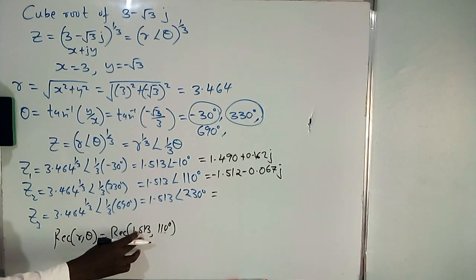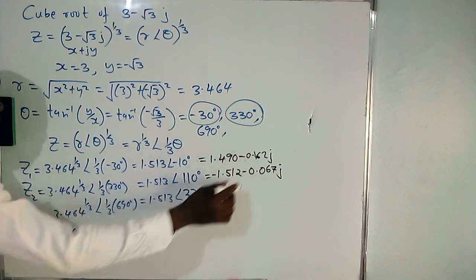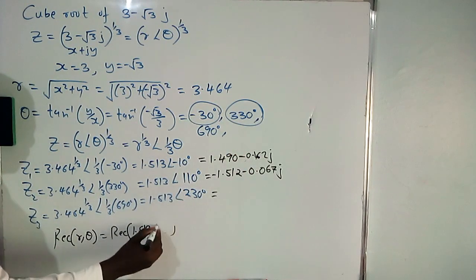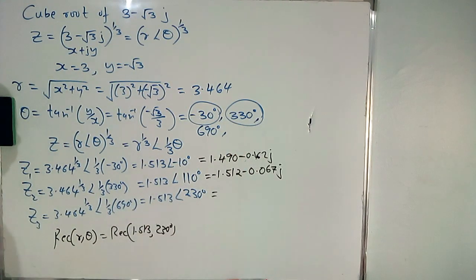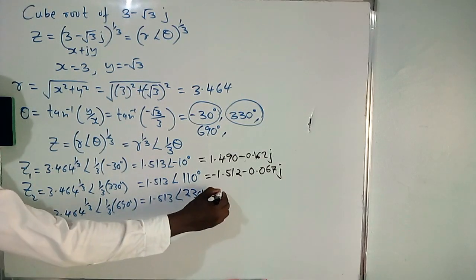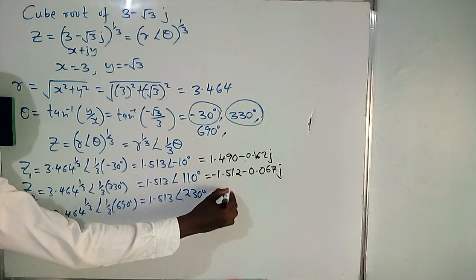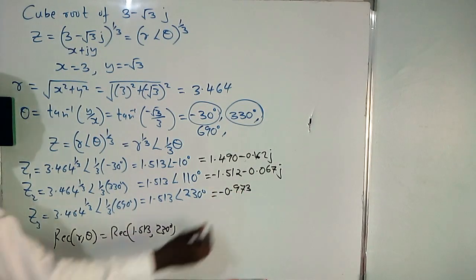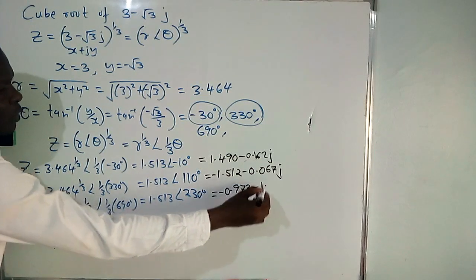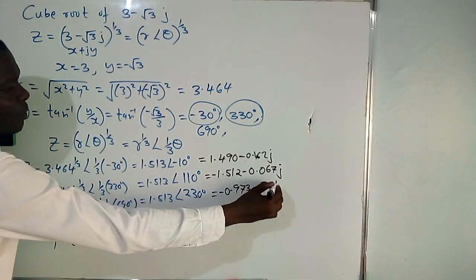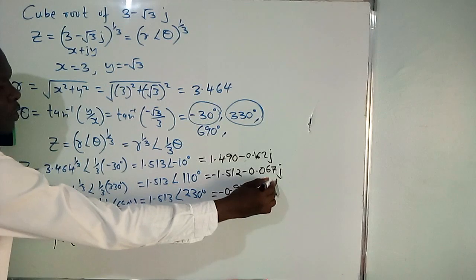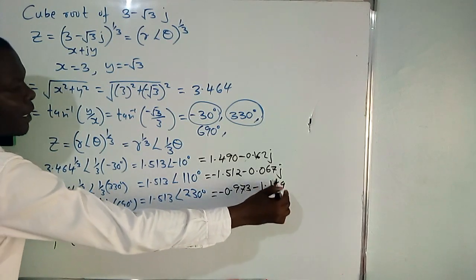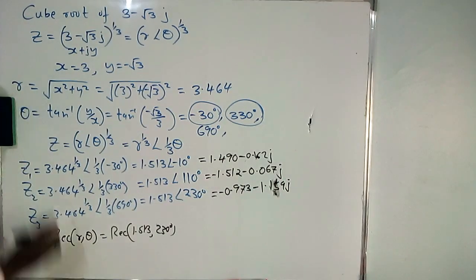Our r is 1.513, our theta is 230 degrees. So what is the rectangular form of that? x you found to be negative 0.973. Then y, negative 1.159j. So that is in the form x plus yj, isn't it?